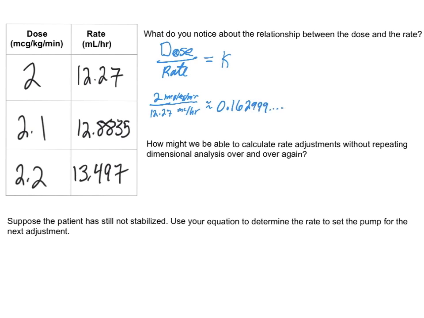Now, if you take the new, adjusted dose of 2.1, again micrograms per kilogram per minute, and divide that by the rate that it's associated with, which is 12.8835, let's see what we get. Again, this is milliliters per hour. 2.1 divided by 12.8835, and we get exactly the same thing.